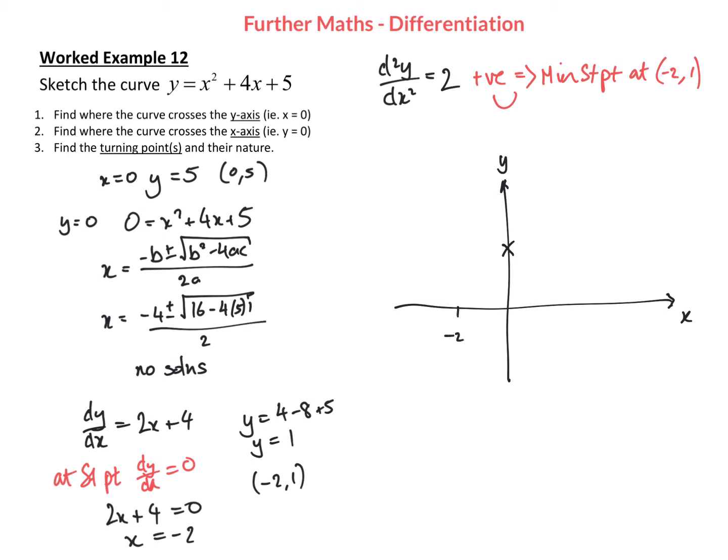There's minus 2. So that's 1. That's 5. And apart from that, I know it's a positive quadratic, so it's going to be a happy face. So it's going to look something like that on both sides. And there's our sketch. Again, you'll see the curve doesn't cross the x-axis at all, and that's why we had no solutions here.